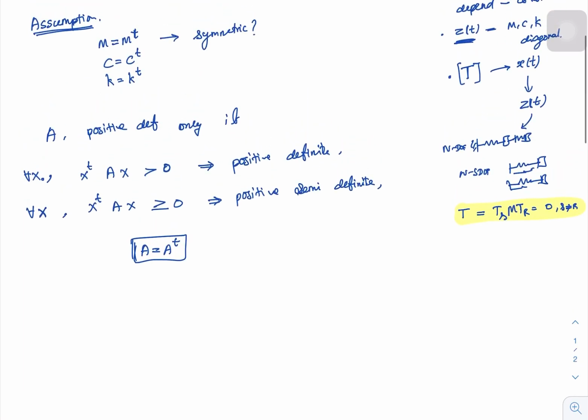So in this case, let's take M. So x transpose M x, what is this?